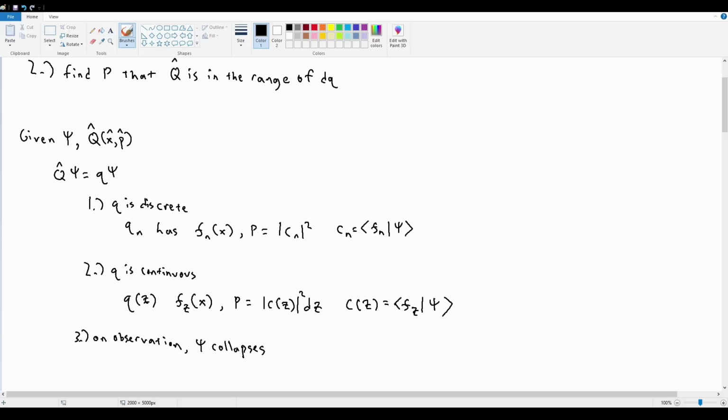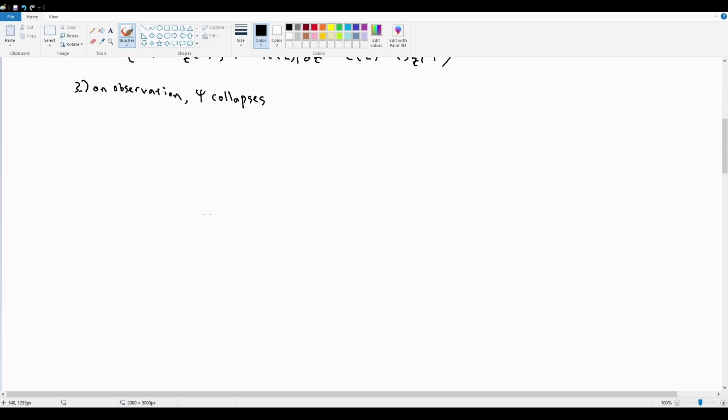So just as an example, let's try to apply this to momentum. Let me write this out. Example, momentum. We already know that the eigenfunctions of momentum take on the form f_p of x equal to 1 divided by the square root of 2 pi h bar, multiplied by e to the power of ipx divided by h bar.